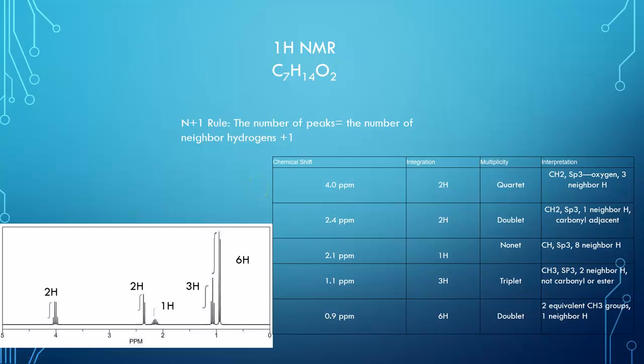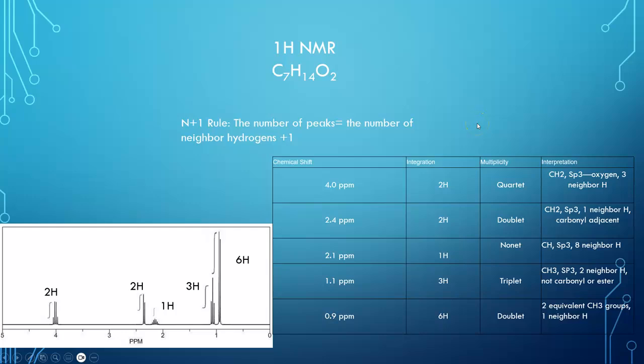So, by interpreting all the data from the infrared spectroscopy, the carbon-13 nuclear magnetic resonance, and the proton nuclear magnetic resonance, and figuring out what groups make up this molecule, we can come up with a proposed structure for C7H14O2 based off of the data that we see.